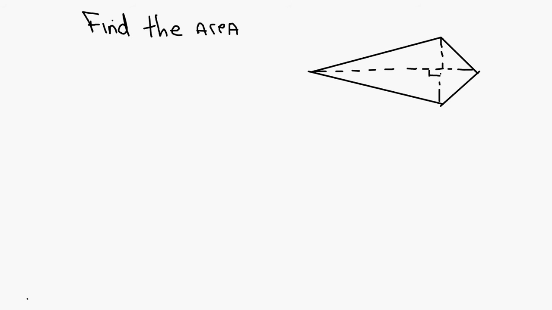Diagonals of a kite intersect at 90. You're given this leg is 41. This piece of the diagonal is 9, and this piece is 15. They're calling this piece x and this piece y in the picture. But whether they put those variables there or not, you still have to find them, because the area is equal to 0.5 times diagonal 1 times diagonal 2.